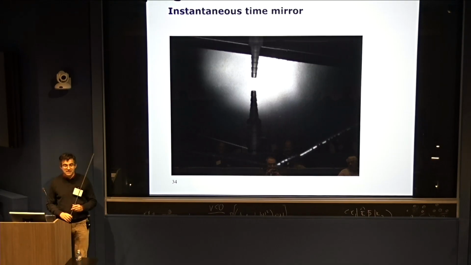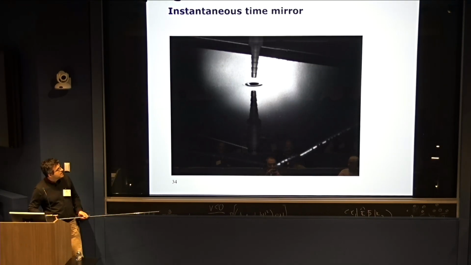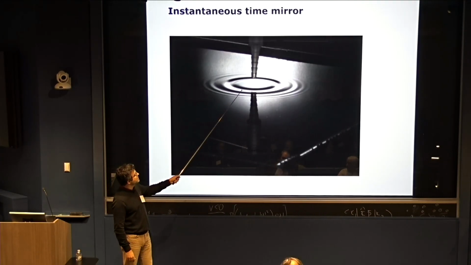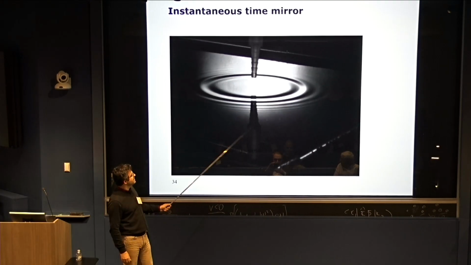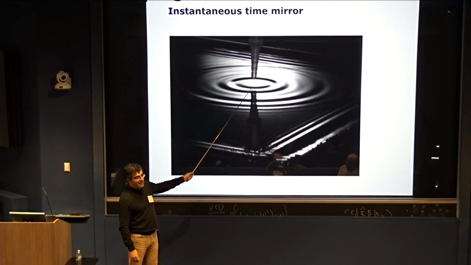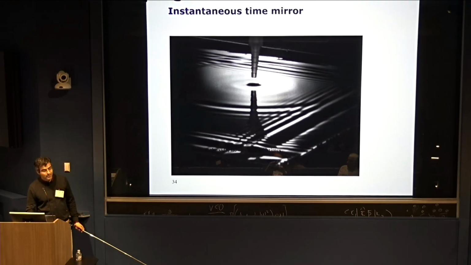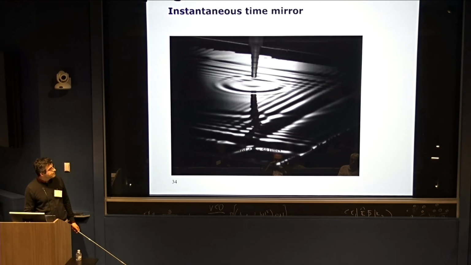So the idea is, you remember this experiment where basically we do the instantaneous time reversal. You blow a source at the center of a base, and then you shake the base, you give a jolt to the base, and you have waves coming back here. And these are time-reversed waves that are produced at the time interface of our system.